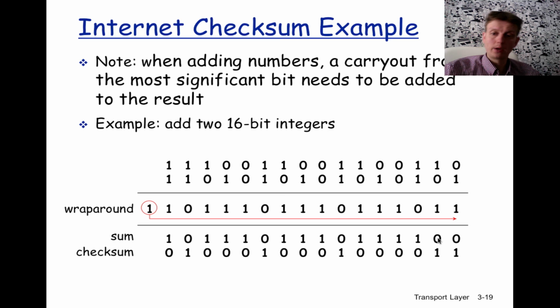We get 0, and I carry 1. All the rest of the sequence remains the same because we do not have any more carry bits. What we do then is invert the sequence. So we take the complement. We convert all ones into zeros and vice versa, and this becomes our checksum.